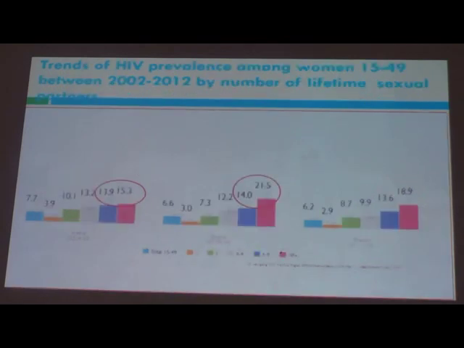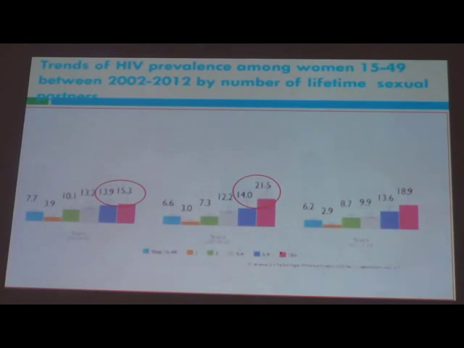And also we looked at trends of HIV prevalence by number of lifetime sexual partners. We usually ask mothers to estimate the number of sexual partners they ever had in their lifetime. And you can see that the higher the number of reported sexual partners, the higher the prevalence of HIV.